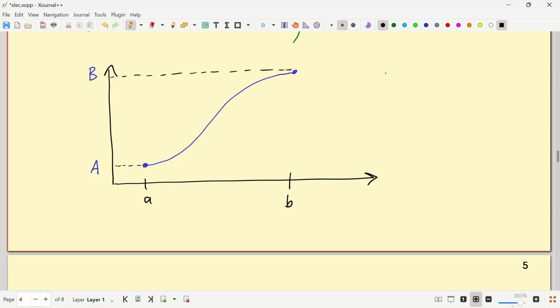So f maps [a, b] onto [A, B]. It's onto by the intermediate value theorem.